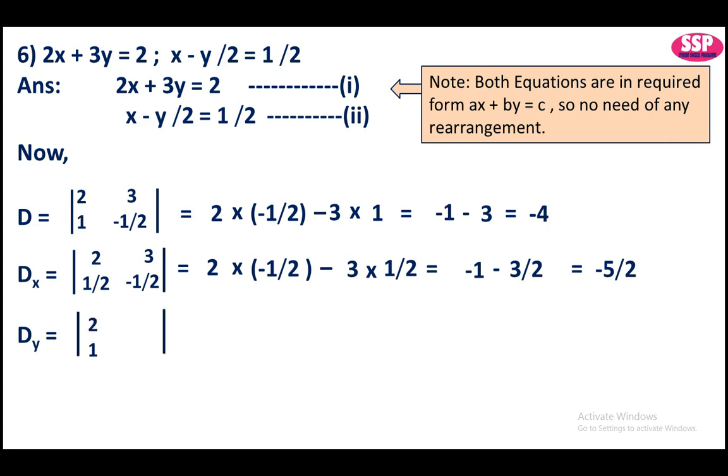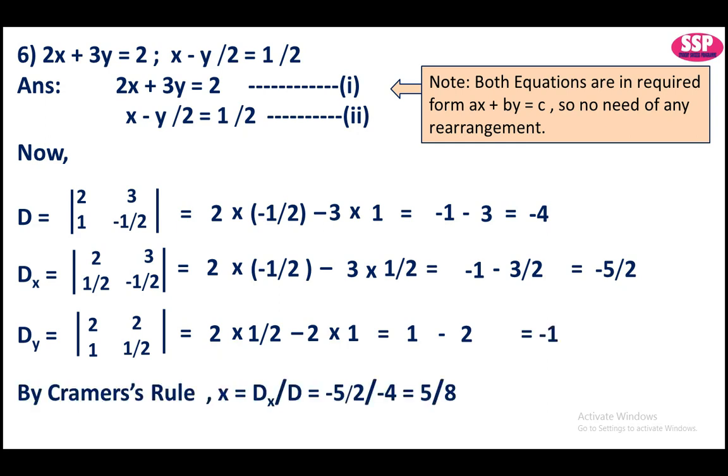dy is equal to, keep x coefficient as it is and replace y coefficient by constant. It gives 2 multiplied by half minus 2 multiplied by 1 is equal to 1 minus 2 is equal to minus 1. By Cramer's rule, x is equal to dx upon d is equal to minus 5 by 2 upon minus 4 is equal to 5 upon 8.